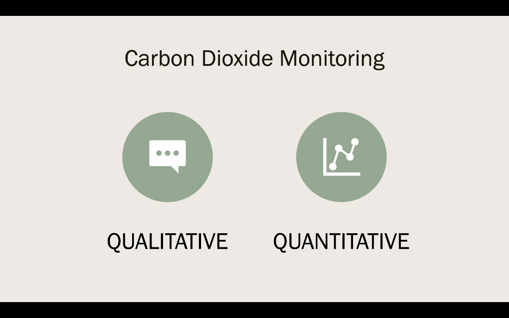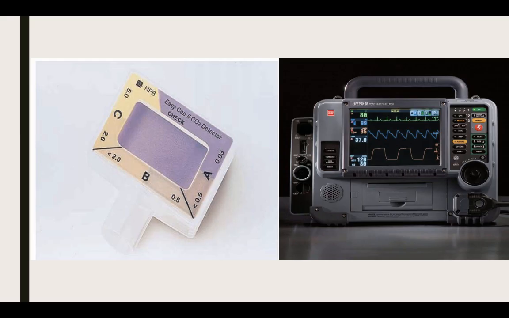Our monitoring of carbon dioxide can be both qualitative and quantitative. Quantitative gives us a number and a waveform. Qualitative isn't quite so specific, but can give us a color, let's say. On the left here we have a qualitative device.